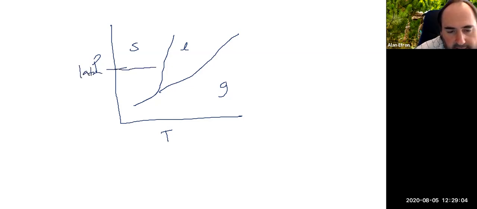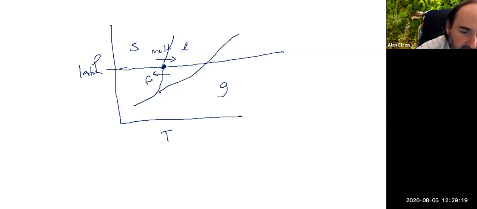And if you kind of go across, this is where we go from solid to liquid. And across this line here, this is technically where melting would occur, and freezing would occur going the other way. Whatever that temperature was would be the normal melting point or freezing point temperature.